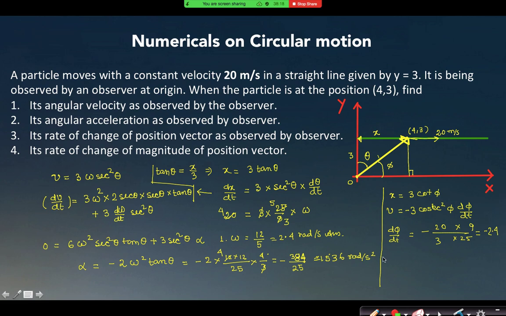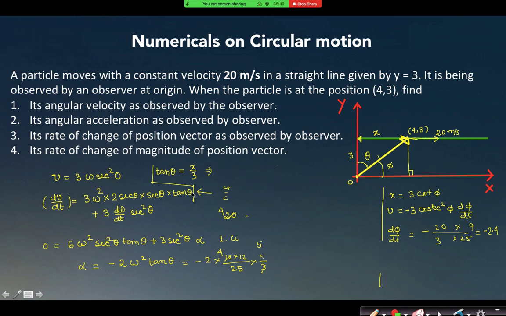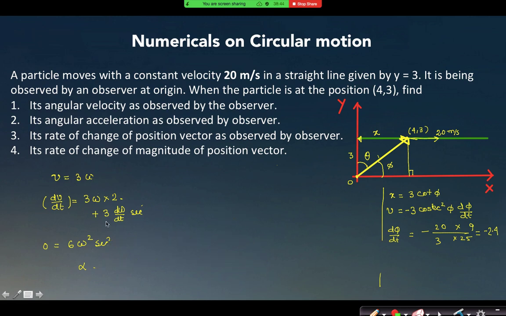Will alpha be plus or minus? You can calculate it once. Just try to differentiate it.